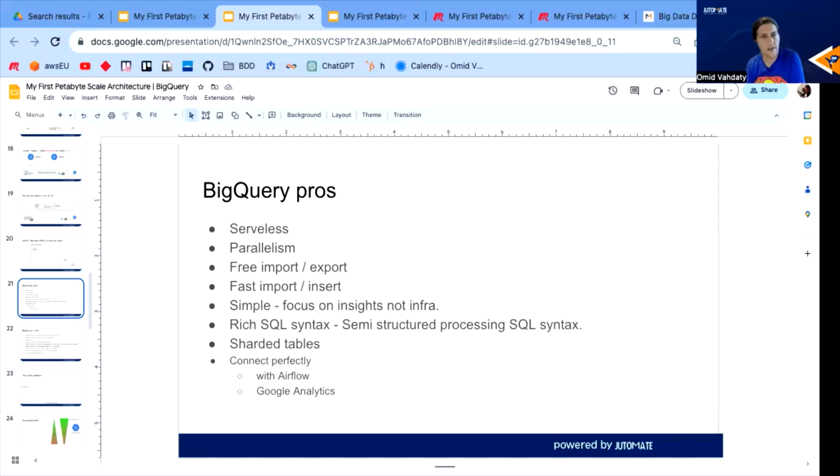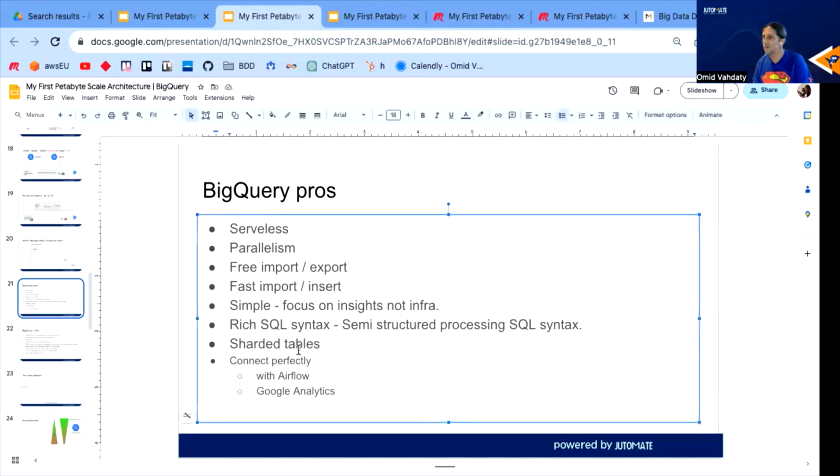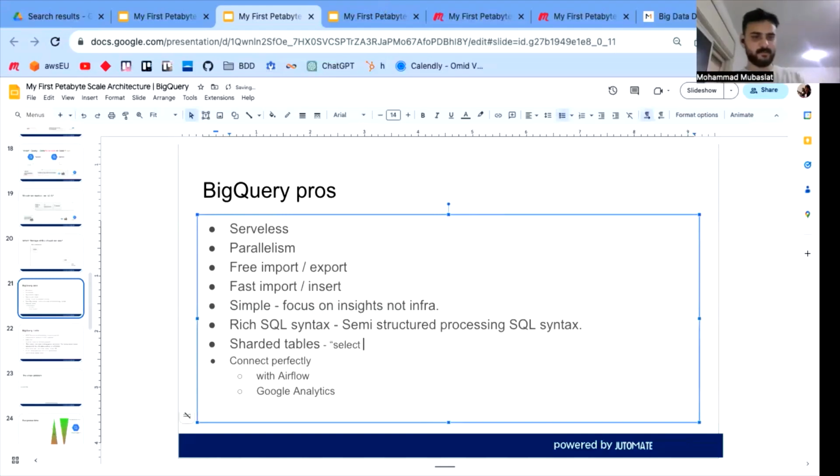The advantage here is that you can select all the different shards together in one query. For example, let me do some scratch work. Can you still see my screen? Yes. Select star from T, where it's a table prefix, and then you can do something like this.